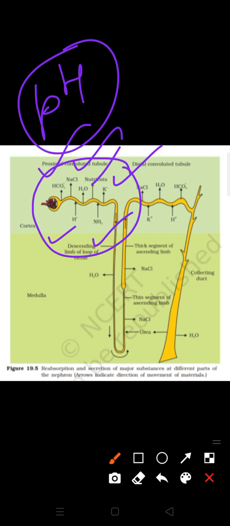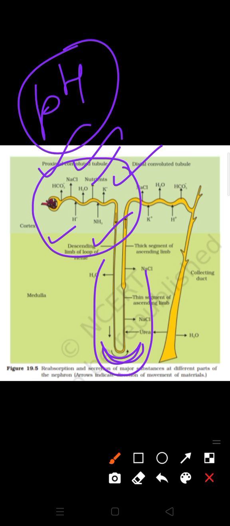Now come to the Henle loop. In Henle loop also the ascending, descending and the band area is present here, and the vasa recta. So you already know about this thing. Here reabsorption of this segment is minimum. This portion is known as the vasa recta.